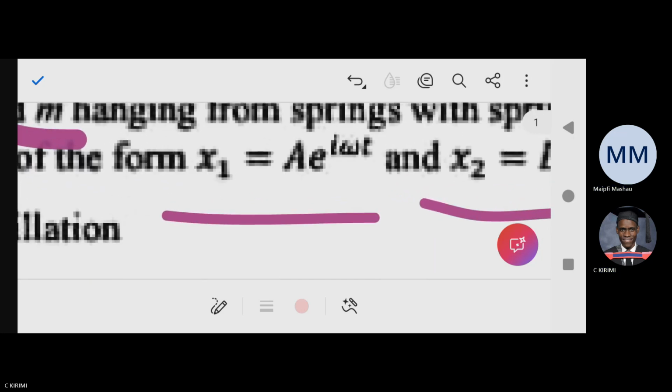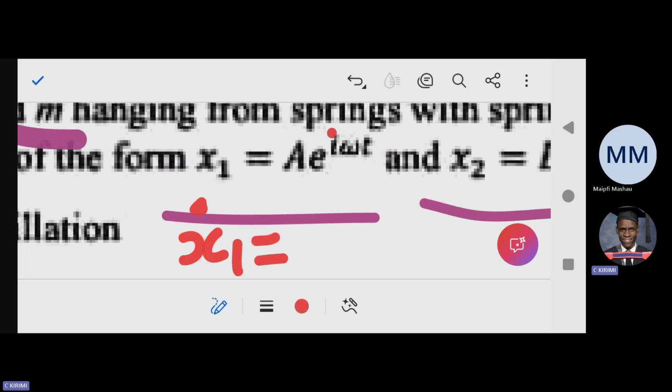So if I ask you what x1 dot is, the velocity, here we have e to the power i omega t.